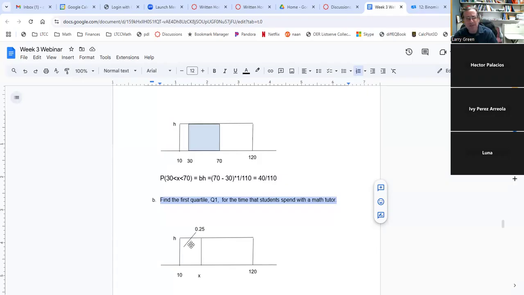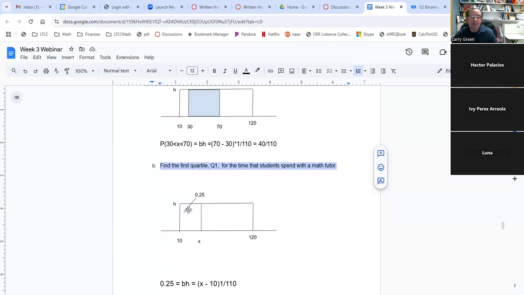Okay, so now what we do is we use our formula. 0.25 is our area. That's what probability is for a distribution of a continuous variable. So 0.25 is the area. The area is base times height, b times h. The base now is from 10 to x, so the base will be x minus 10.